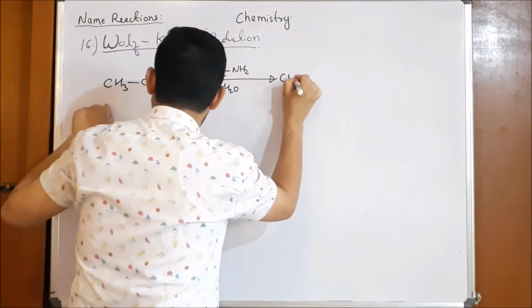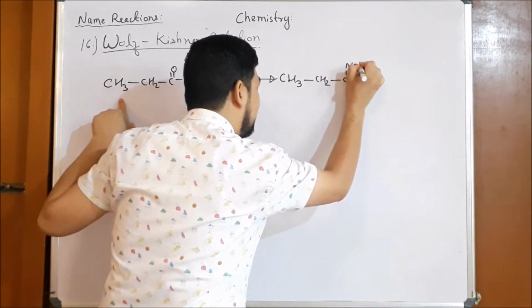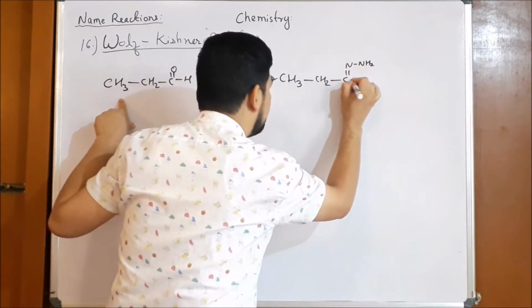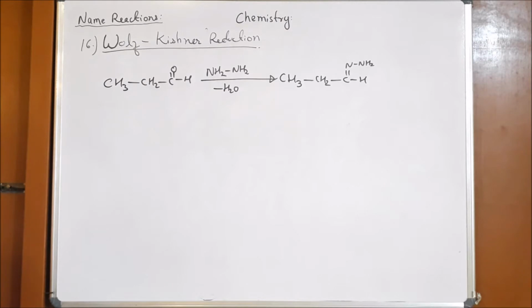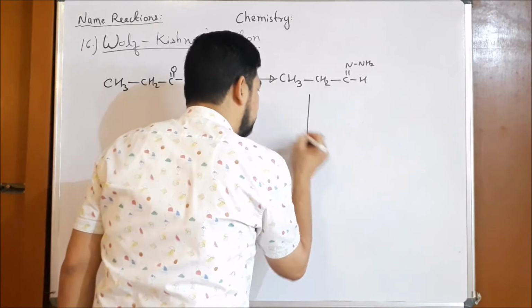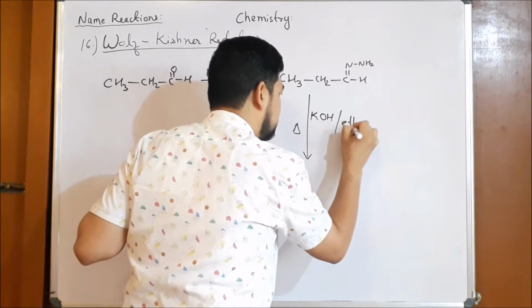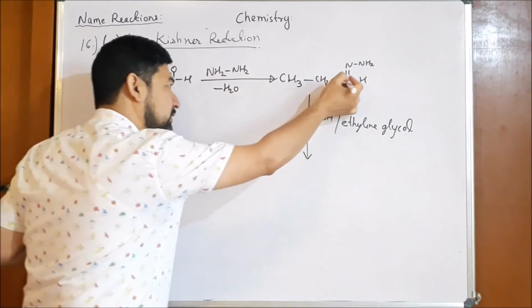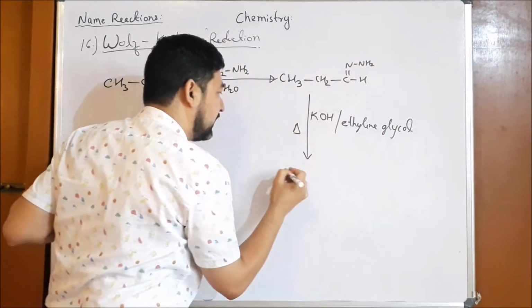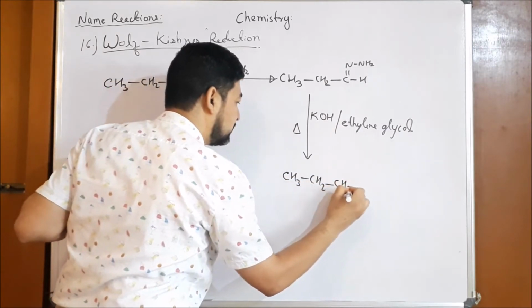So it will be CH3, CH2, C double bond N, NH2, and here is H. Alright, so when this is treated with KOH in the presence of ethylene glycol, when this is heated with KOH in the presence of ethylene glycol, everything gets removed and here comes H. So it will be CH3, CH2, CH3.